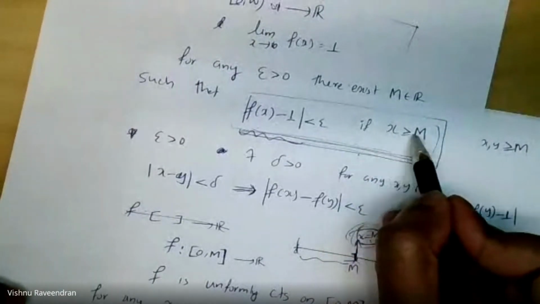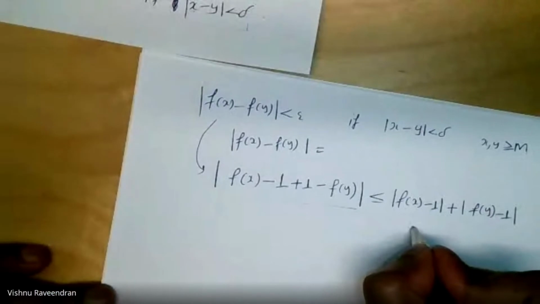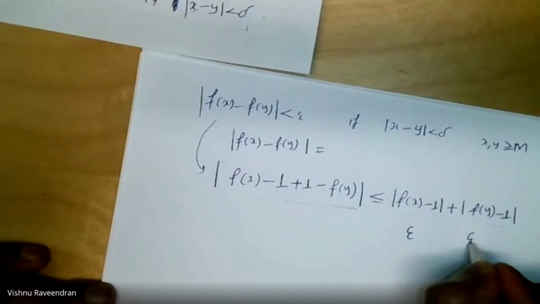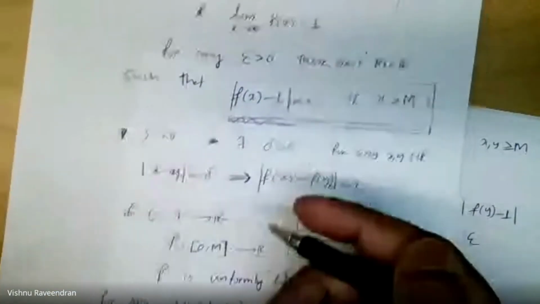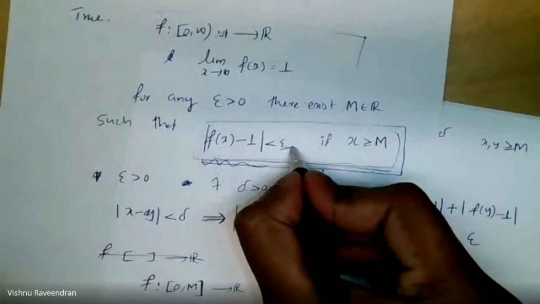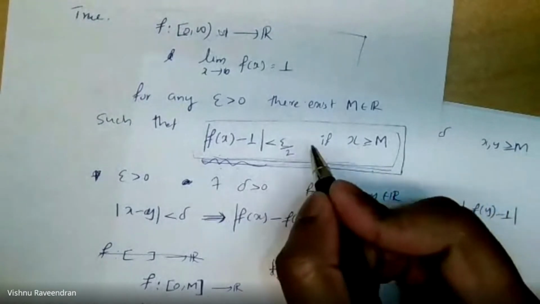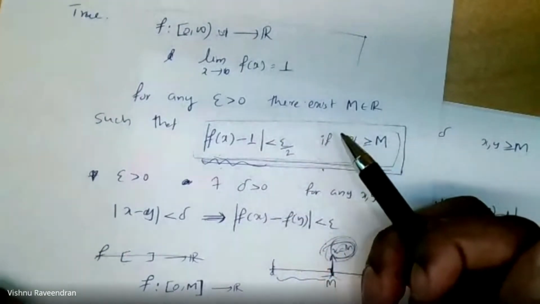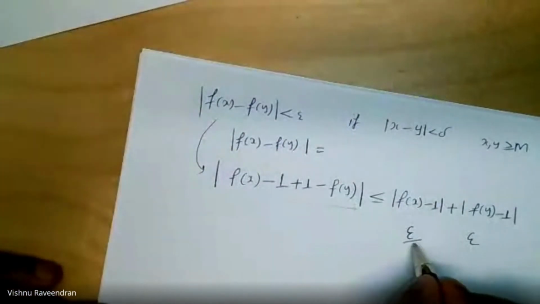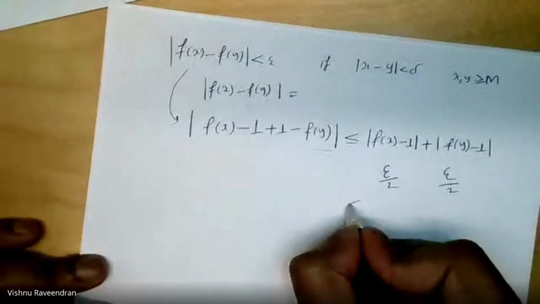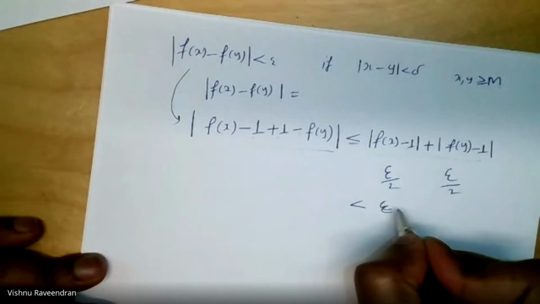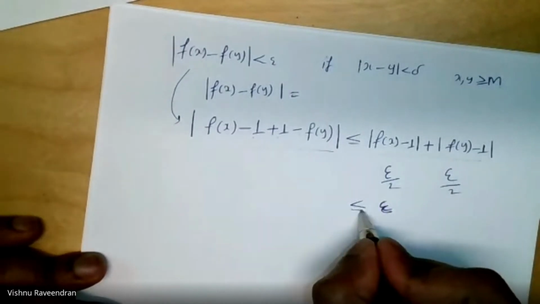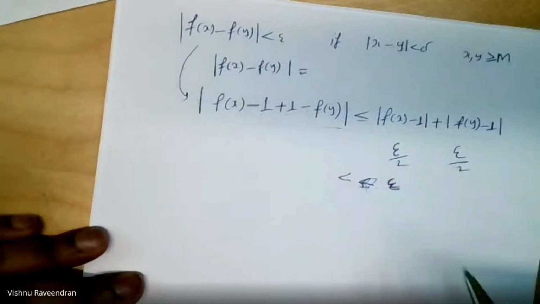So we know that if x is greater than m, we have this is epsilon and this is epsilon. Or for more convenience, we can choose here epsilon by 2. I hope this is not a problem for anyone. And if you choose like that, we get epsilon by 2 plus epsilon by 2, and the whole will be less than epsilon.